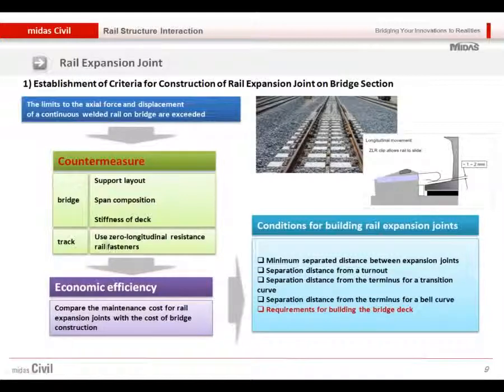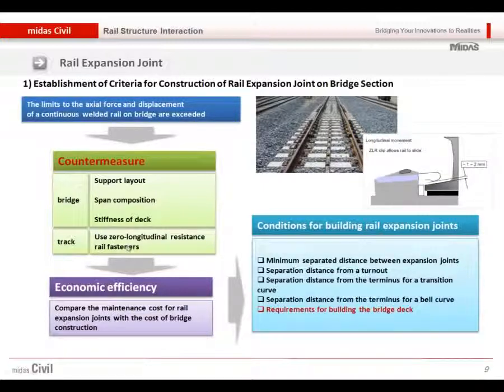Also, we will review the zero longitudinal resistance rail fastener, which is just like this picture. So this GLR has no restraint in the longitudinal direction, so the rail can move freely in the longitudinal direction, but it will restrain only the transverse and the vertical direction. So by installing this GLR, we can reduce the maximum stress.